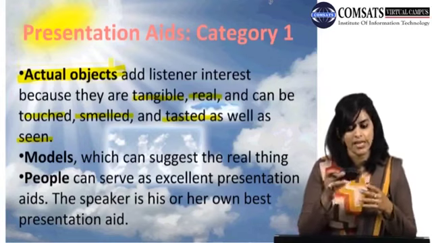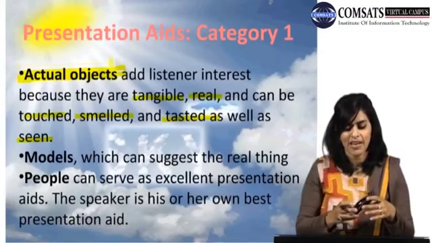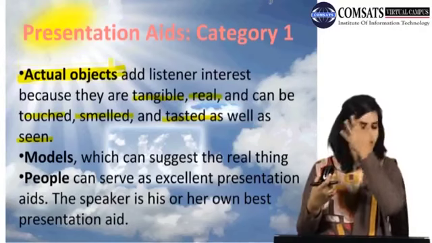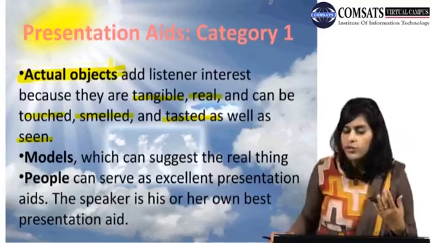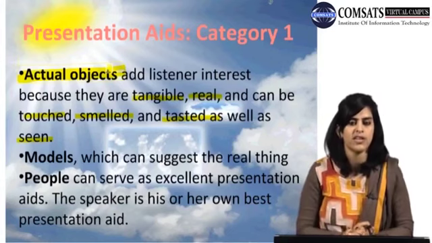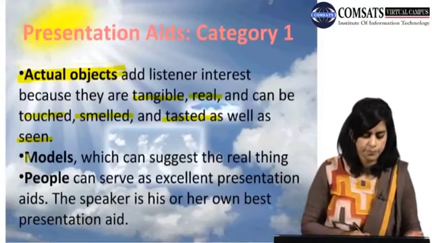So it is tangible, it is real, it can be touched, smelled, and tasted. You cannot bite it, but it can be seen by everyone. This is how you can use actual objects in your presentation when you want to bring in any visual aid.